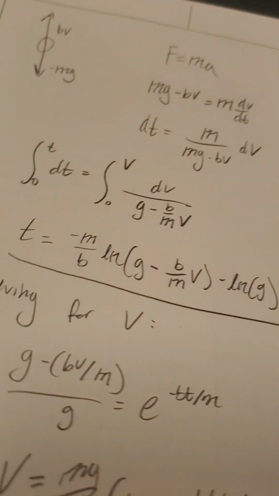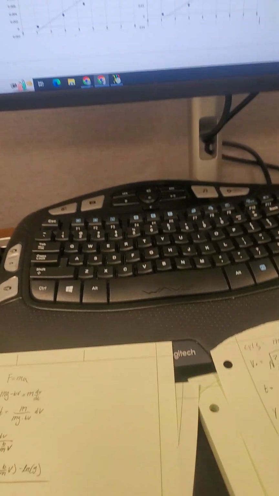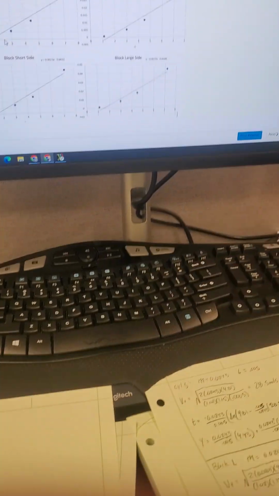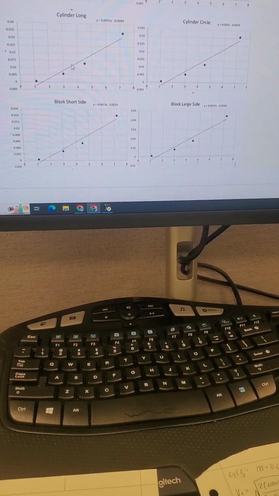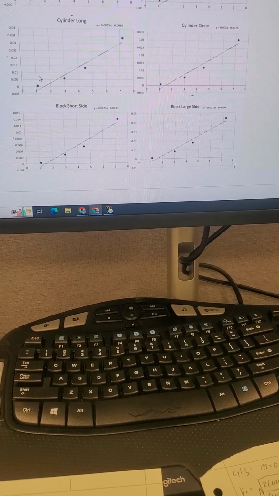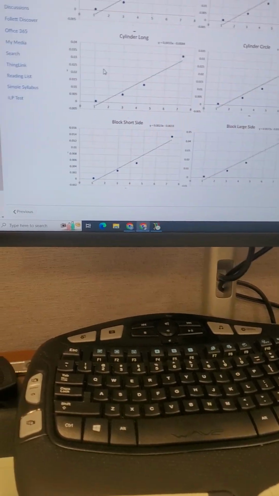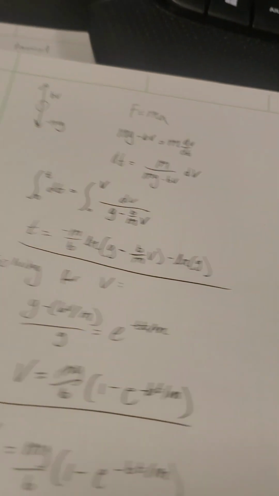So I just use that for the b, because the force basically just scales linearly. It doesn't really, but we just use a line fit here. So as the velocity increases, the force is going to increase. So I just used the slope for b as far as that goes.